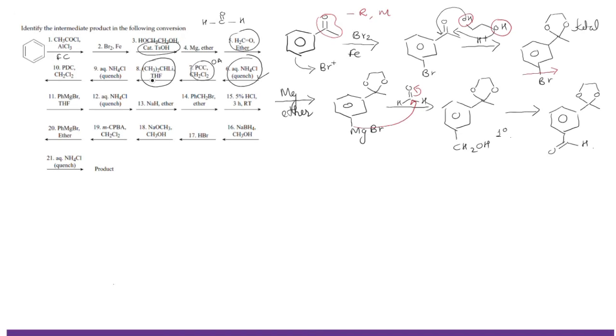THF refers to tetrahydrofuran. It's an aprotic polar solvent mostly used with organic compounds. So what sort of reaction should happen? It will undergo an addition reaction because we are using a strong organometallic compound. The lithium will have a plus charge and the carbon here will have a minus charge.